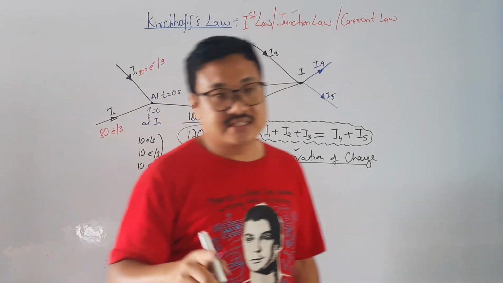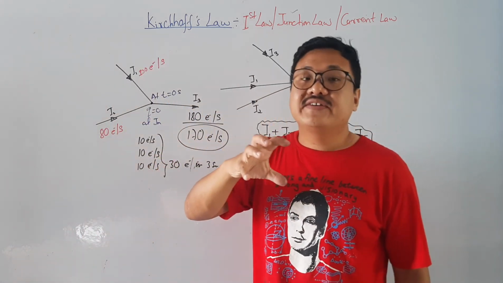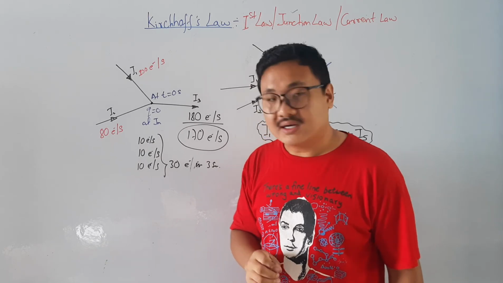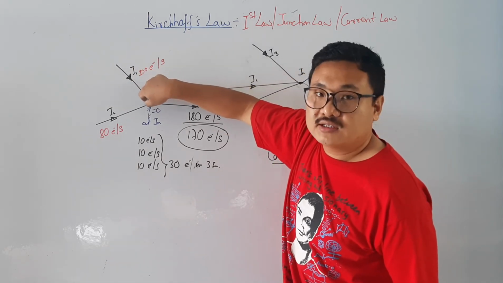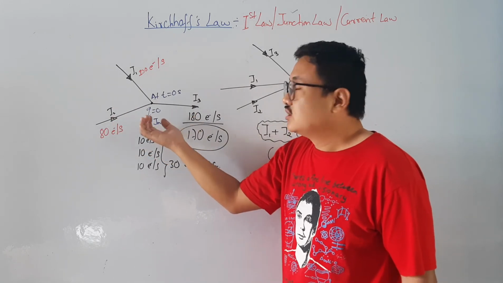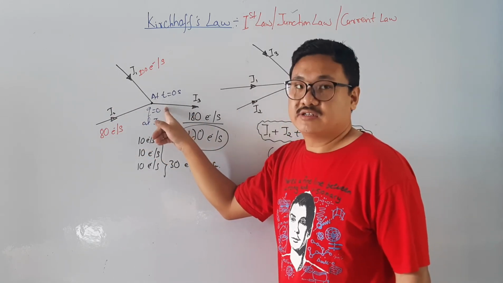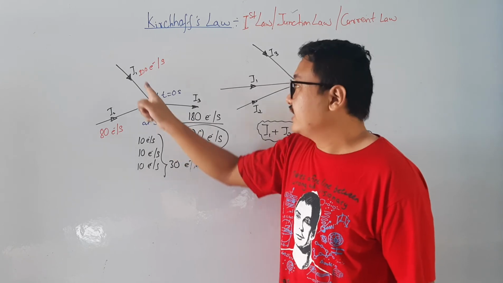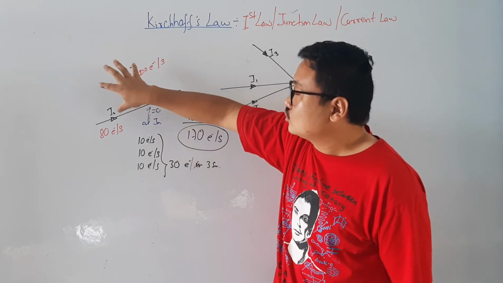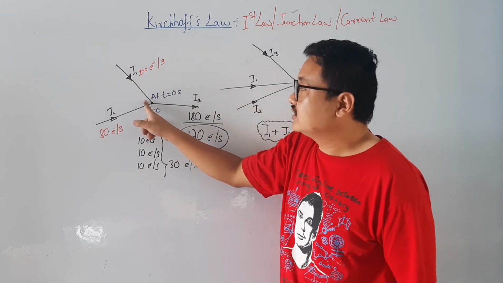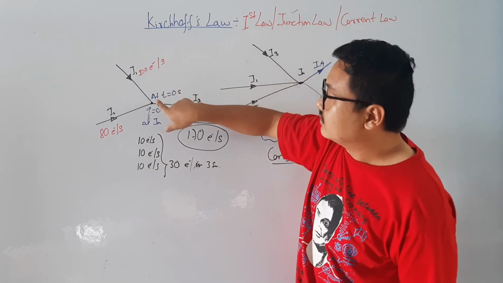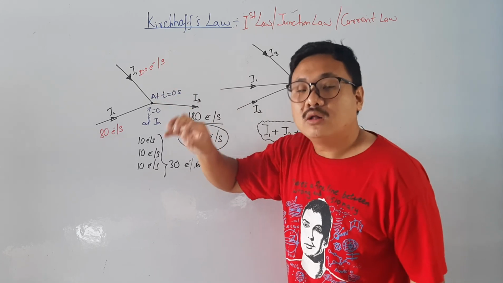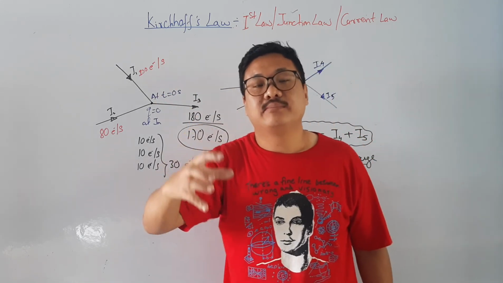But the conservation of charge says that whatever amount of charge is coming at this point, the same amount of charge should go away from this point. That is why if the total current coming at this point is 3 ampere, then in the branch going away from this junction there should always be 3 ampere of current.